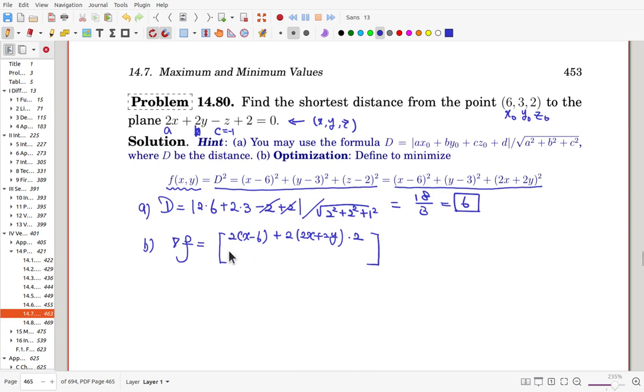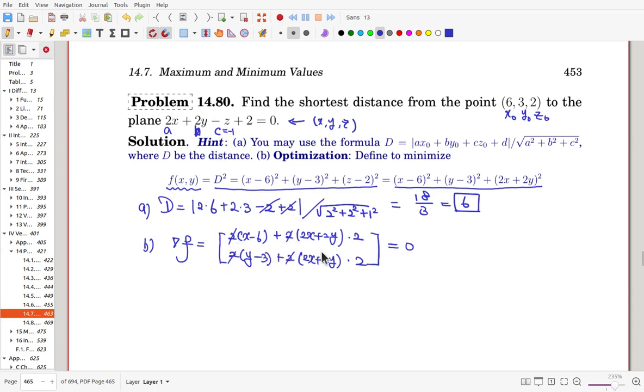How about the y derivative? Twice y minus 3 plus 2 times (2x plus 2y) times 2. We set it to 0. Now we can cancel out this 2, dividing by 2.